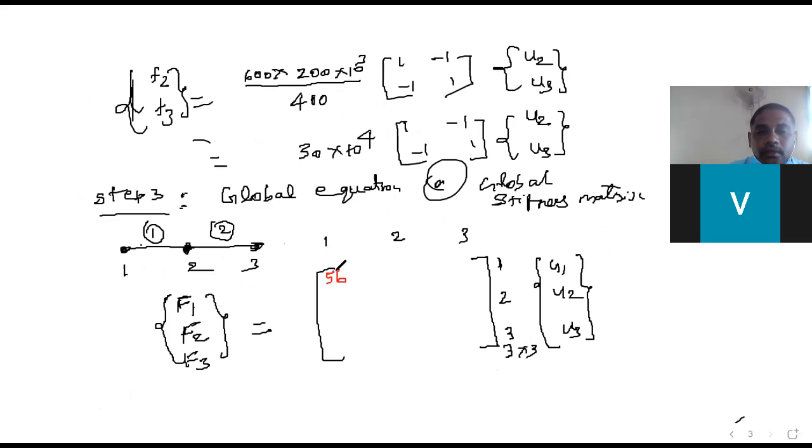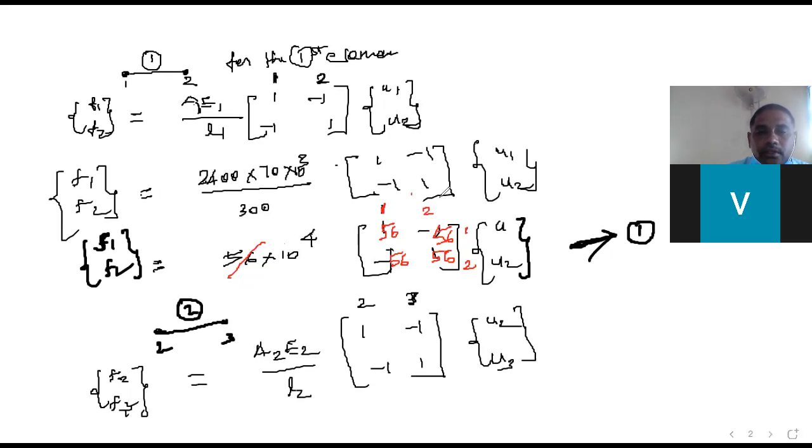In 2, 1 position, we'll be having minus 56. In 3, 1 position we don't have anything, because here we have only 2 and 3.